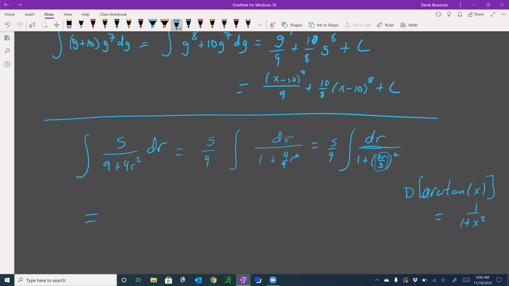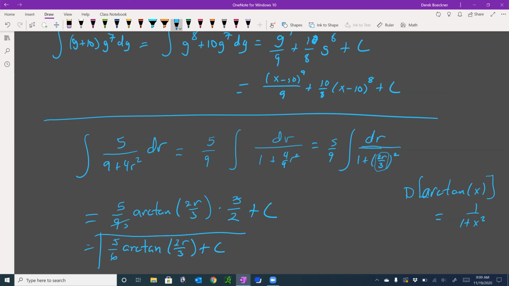Okay, so this is going to be 5/9 arctangent of 2r over 3 times, I'm going to divide by the slope. So instead of multiplying by 2/3, I'm going to multiply by 3/2. So it's going to be 5/6 arctangent of 2r over 3 plus a constant. And really my substitution is that substitution right there after I've pulled off all of that other stuff.